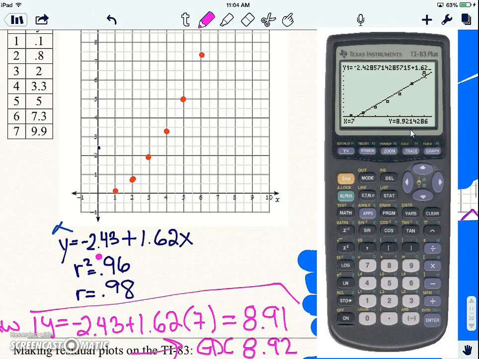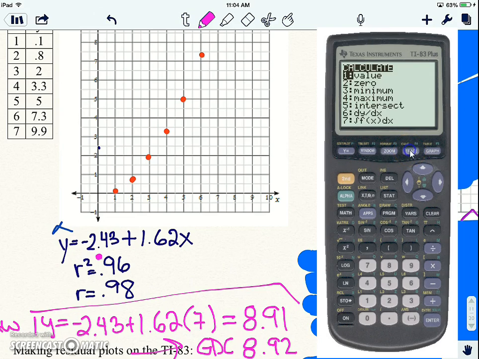Okay, now, the fact that I had to estimate this point down here, I'm going to try it again. Second, calculate, value, and see what it would be at 1. We know what it is at 0. At 1, it's 0.8. So at 1, I'm going to go to 0.8.